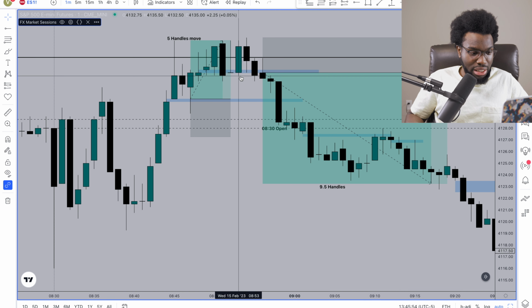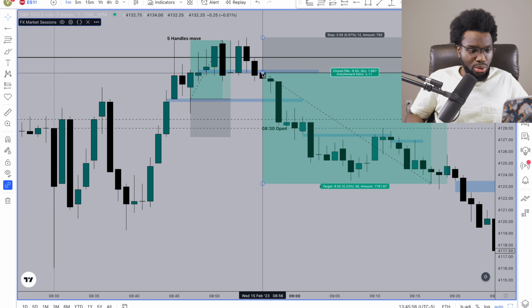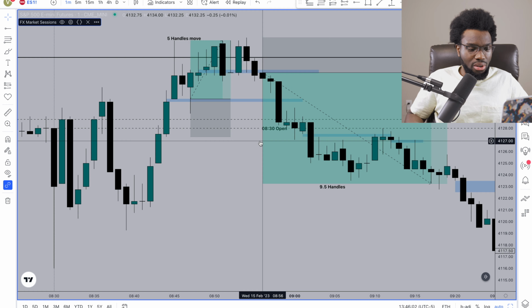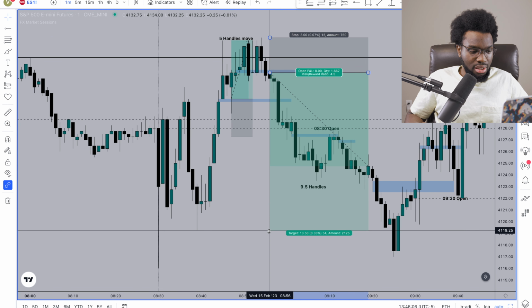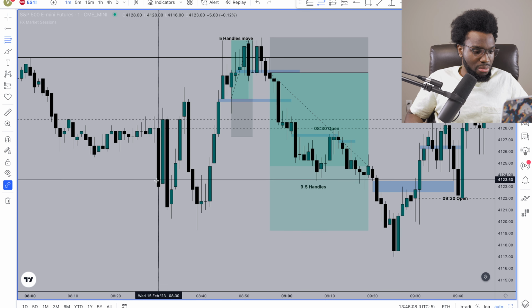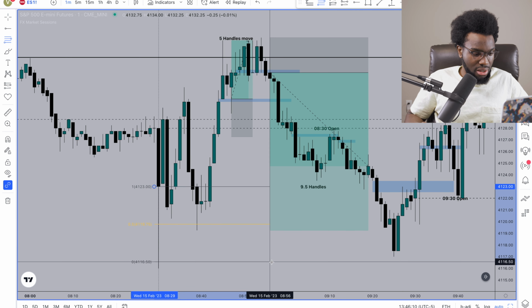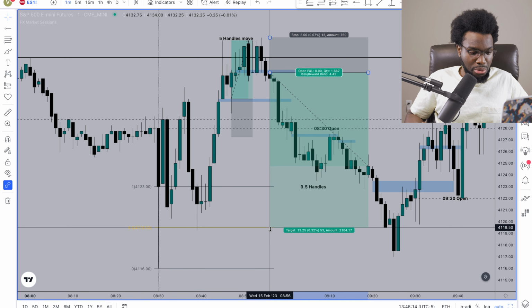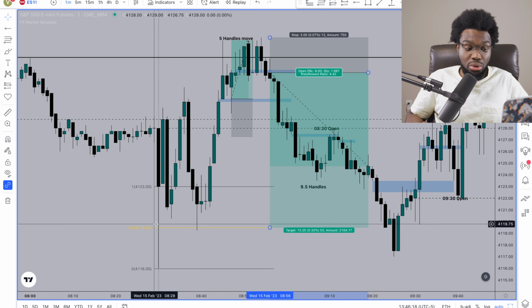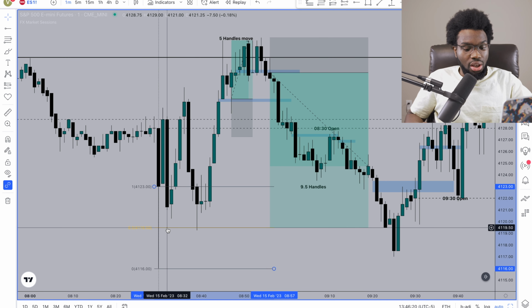This little tiny one here, I got in here, and the order block I entered, I placed it here. Originally I wanted price to come all the way down here. The reason I wanted price to come there is this long wick. The 50% of this long wick is right here, so I wanted price to get right here, the consequent encroachment of this long wick.